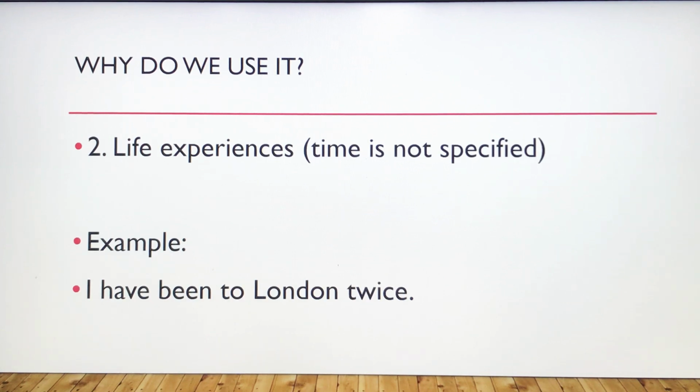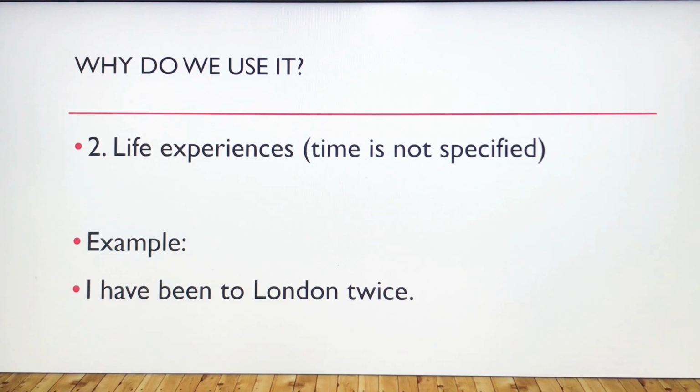The second function, life experiences. And usually here, time is not specified because the important thing is the experience itself, the action itself, not when it happened. As you can see in the example here, I have been to London twice. Now, if you look at the word twice, remember, this word doesn't specify time.